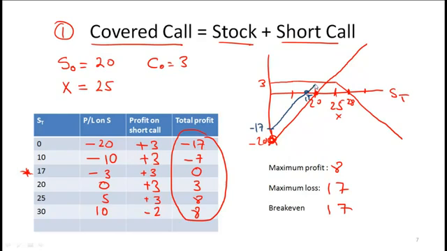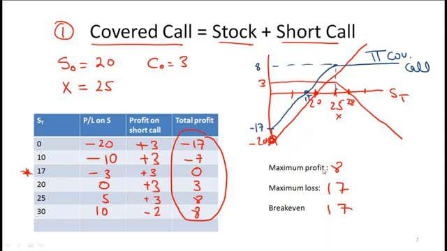So when the stock price is 25, we hit our maximum profit here, which is 8. And if the stock price keeps going above 25, then the maximum profit remains 8. So this blue line represents the profit for the covered call, and that blue line is simply a combination of the profit on the short call and the profit or loss on the stock itself.